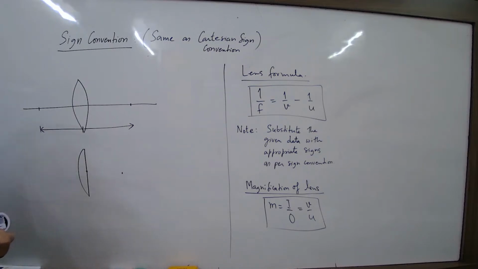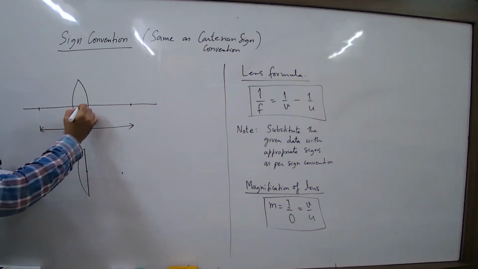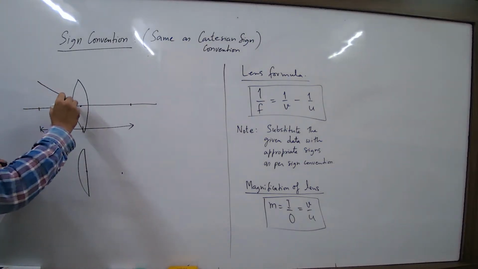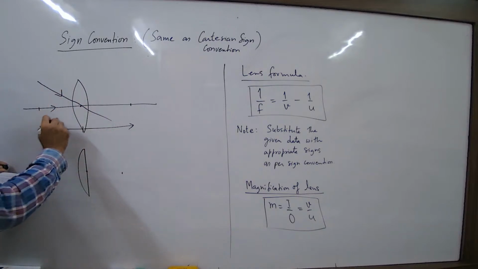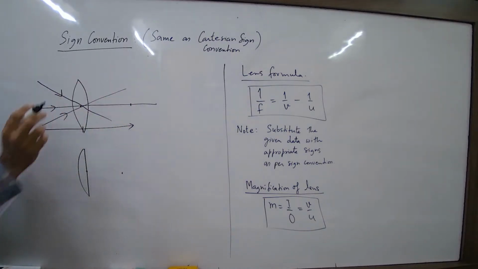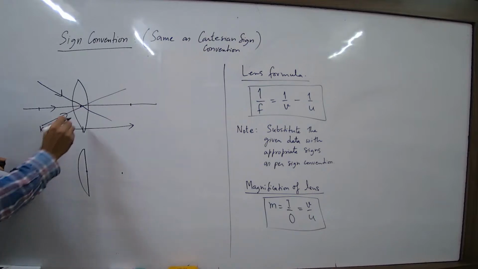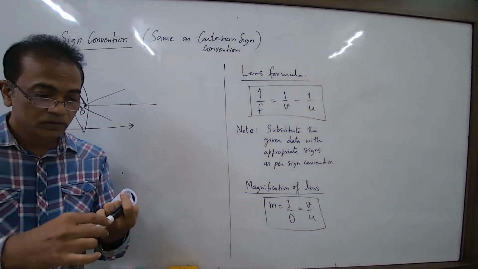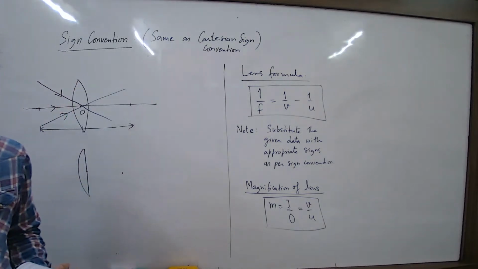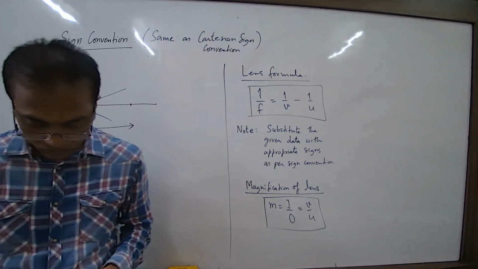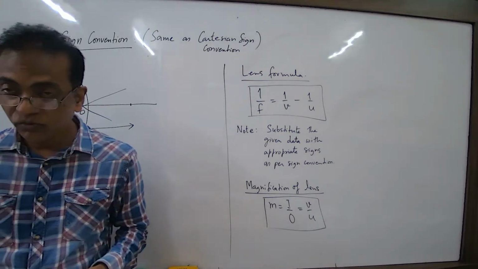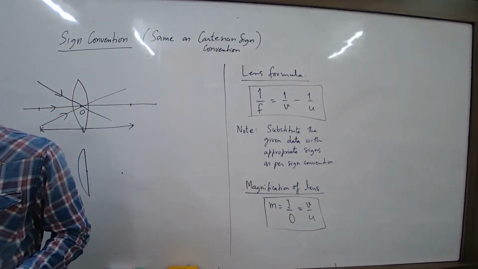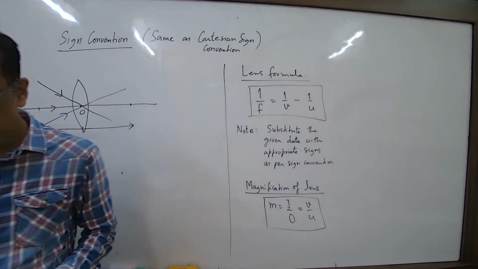The principal axis also passes through the optical center, but the ray could be along the principal axis or anywhere; it should be along the optical center. Understood, everybody? So part B of question 2 is same as question 1. Yes. Good.